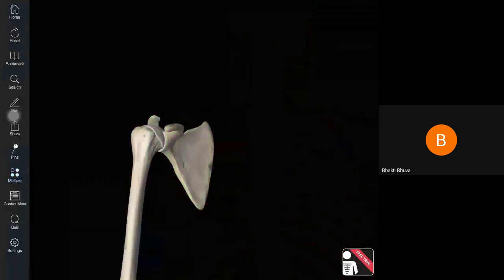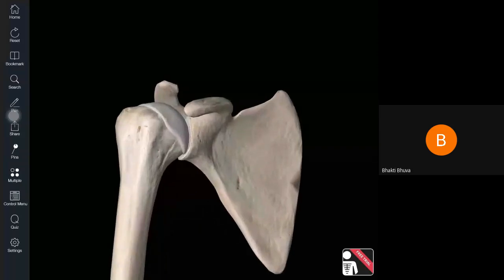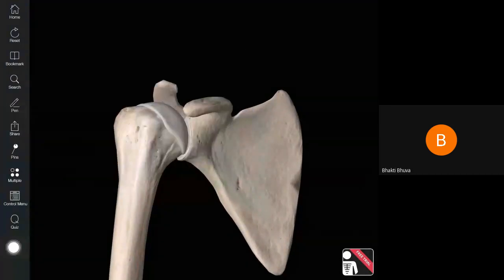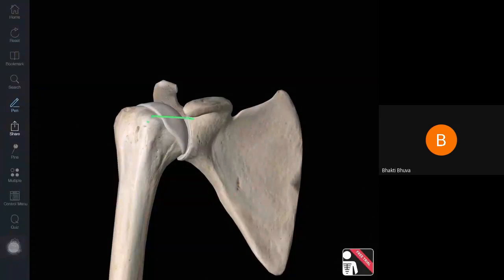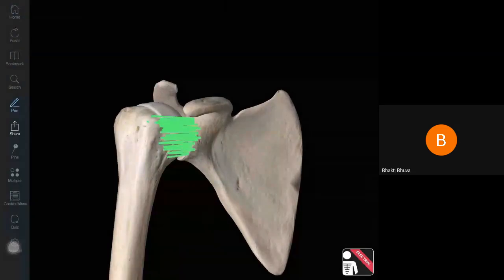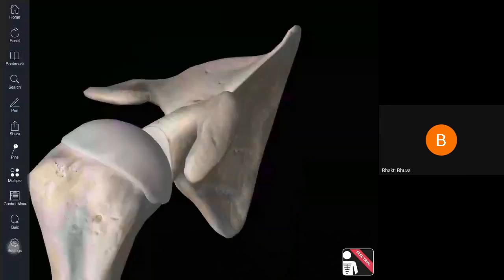So what will be the joint capsule? The capsule is surrounded in all the direction. First is the anterior joint capsule. And the superior joint capsule will be somewhere here.